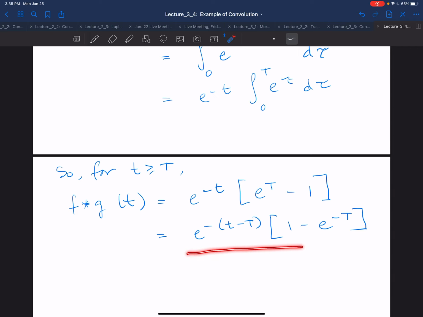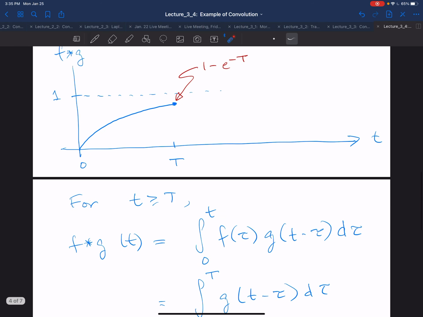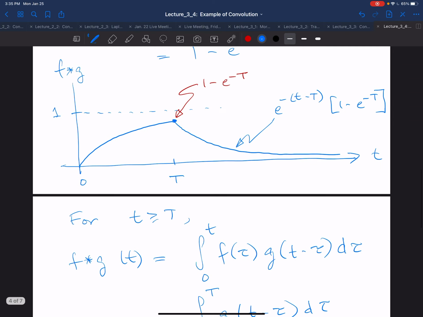So the whole function at t equals capital T has the value 1 minus e to the minus capital T. So the graph, in fact, looks like this. This being e to the minus (t minus capital T) times (1 minus e to the minus capital T). So this then is what we arrive at as our convolution in this example.